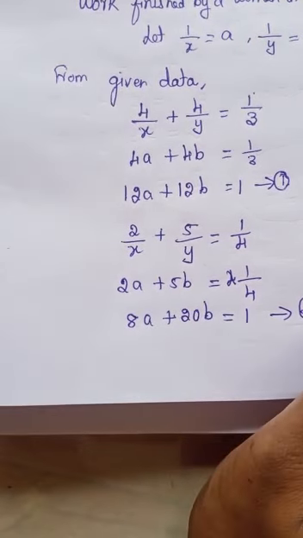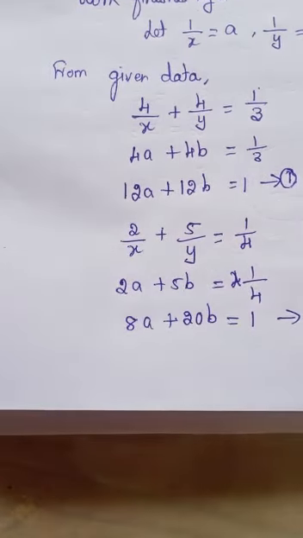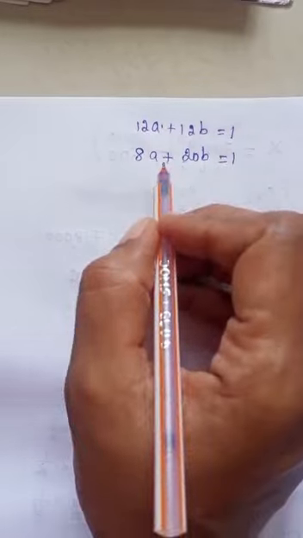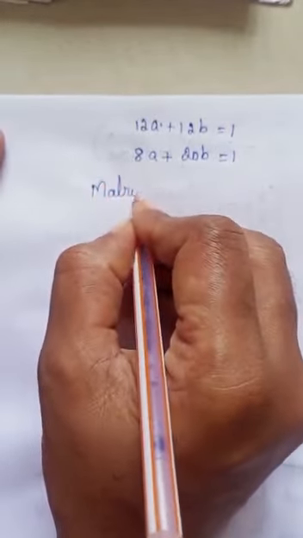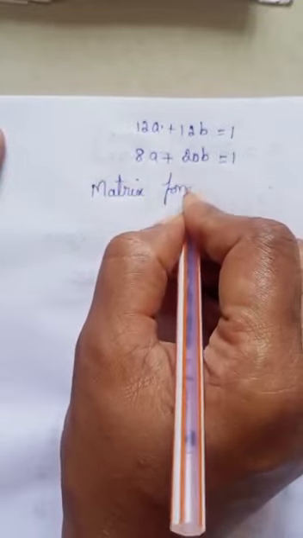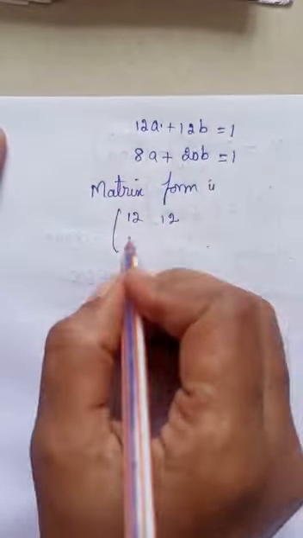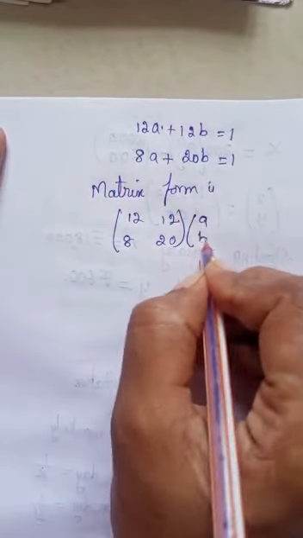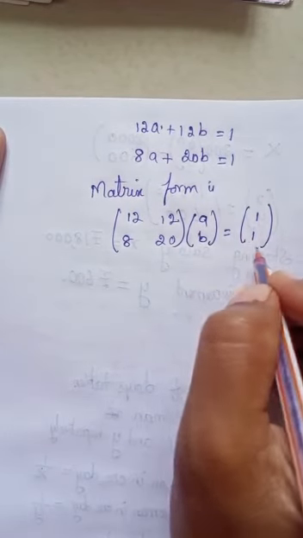Now we should write these both equations in matrix form. Then we have to solve it. See, these are the two equations. Shall we write it in matrix form? So the matrix form is 12, 12 and the next coefficient is 8, 20 into AB is equal to 1, 1.